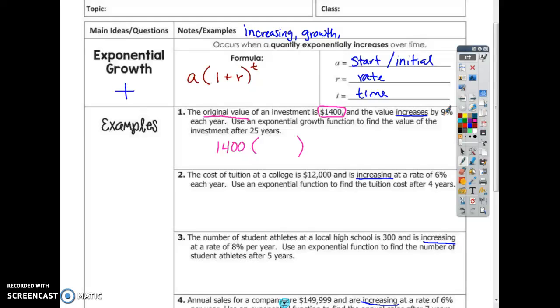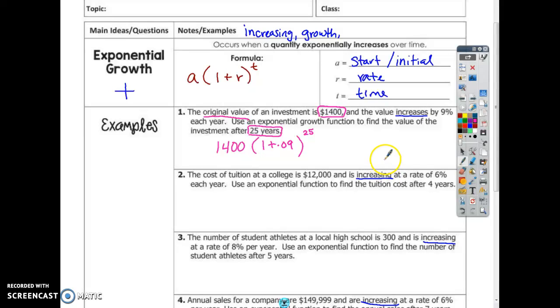How many cents is that? 9 cents. So 0.09, so it would be 1 plus 0.09, right? And then it says use exponential growth function to find the value of the investment after 25 years. So that's the time, so that would be up here to the power of 25.